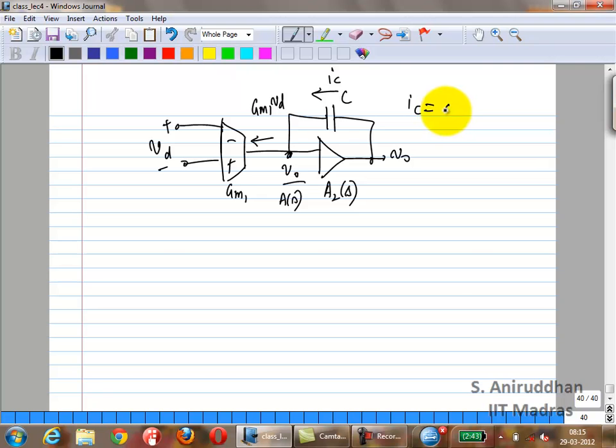SC times VO minus VO by A of S. If I had to draw the signs of the op-amp, what will it look like?